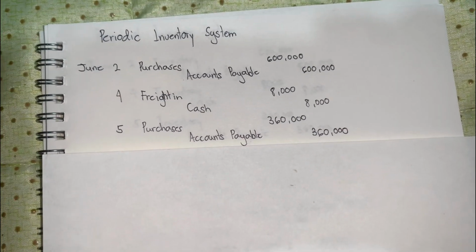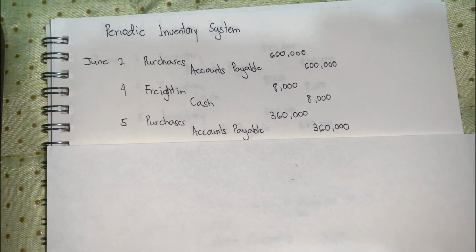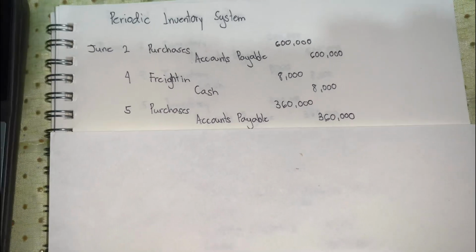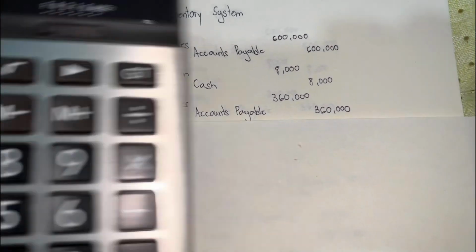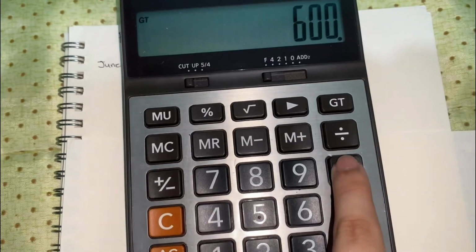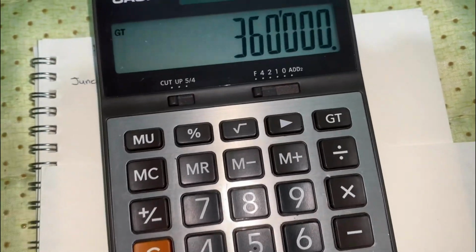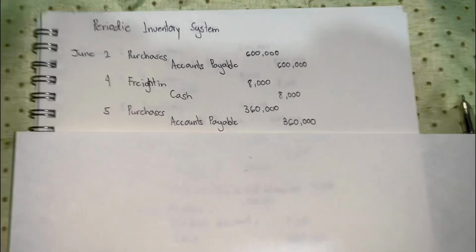So we debit purchases 360,000 and accounts payable 360,000. So how do we come up with 360,000? We multiply 600 tires at the cost of 600 per tire, so 600 times 600. So we come up with 360,000. So that is our entry for June 5.